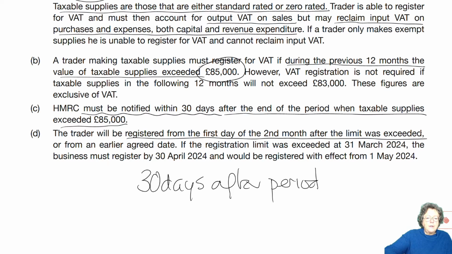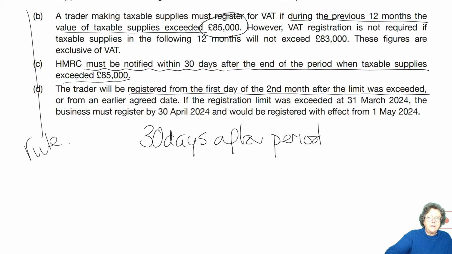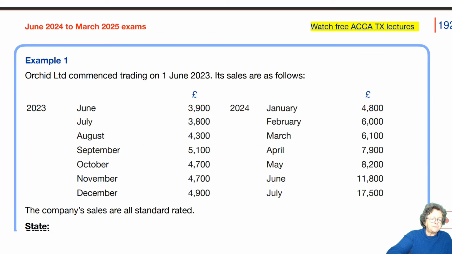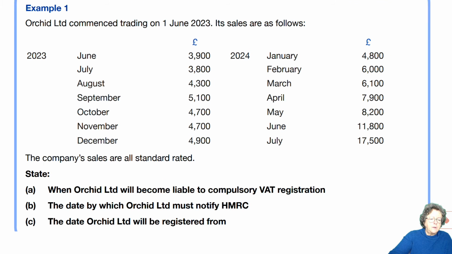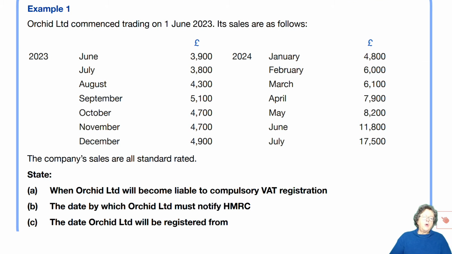Okay, so that rule could come up in a question like this. This is a typical kind of question that you might get on the historic registration. And what they're doing here is giving you month by month sales figures.